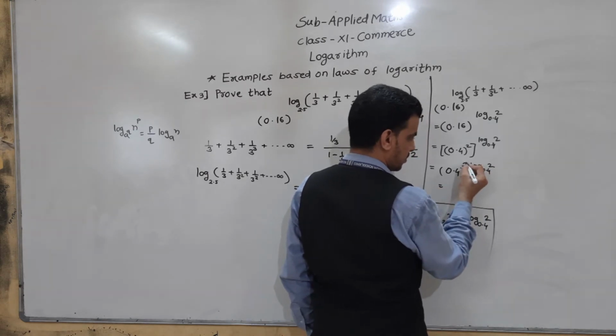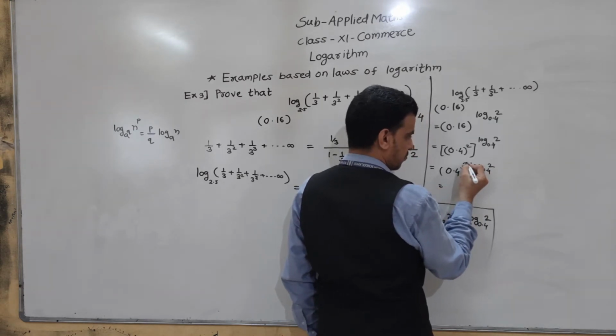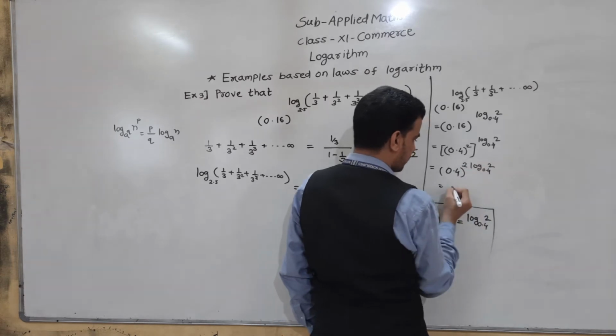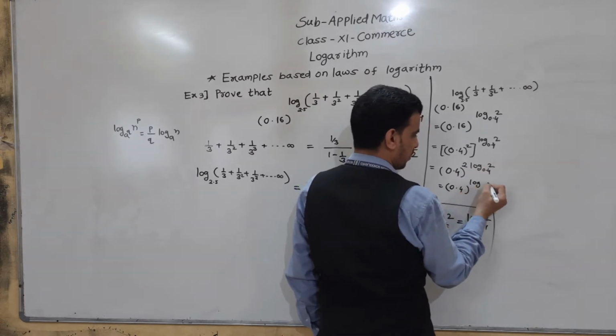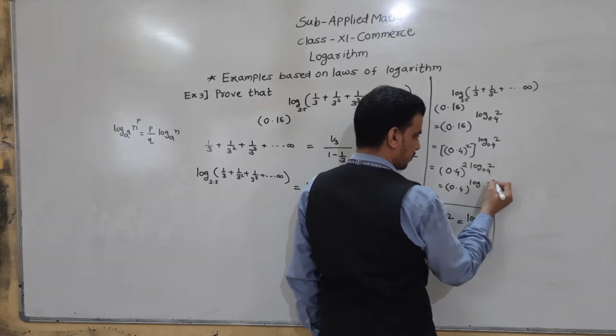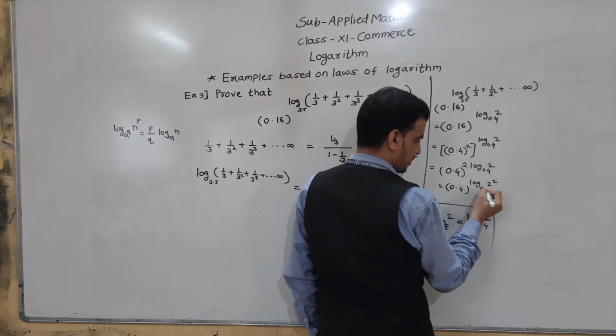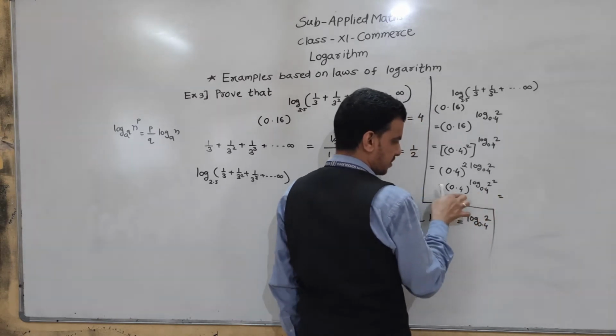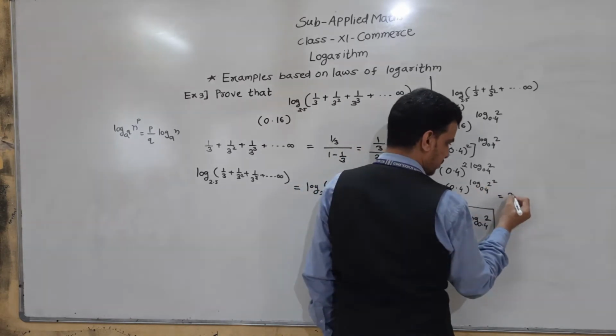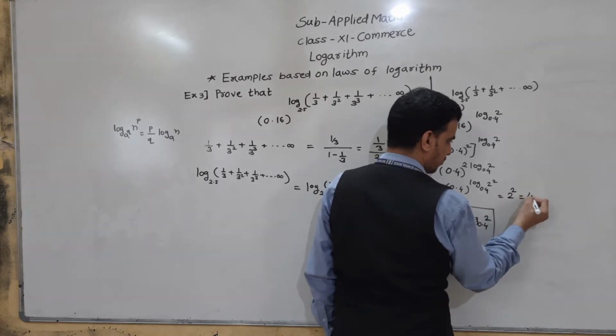Okay, now the coefficient becomes the power of the argument. So 0.4 raised to log of 2 square to the base 0.4. Now this base and this base are the same, so the answer is 2 square, that is 4.